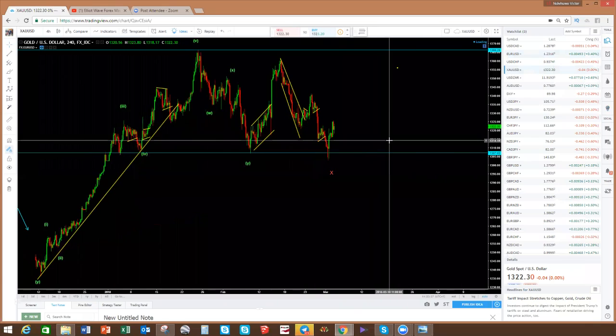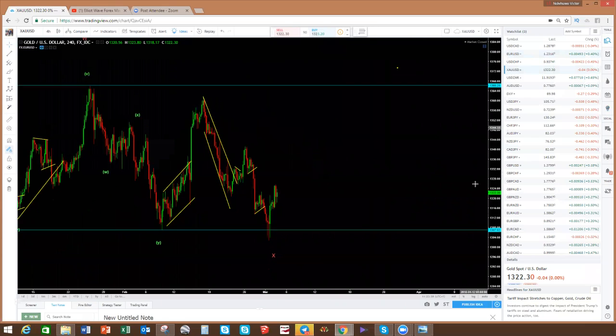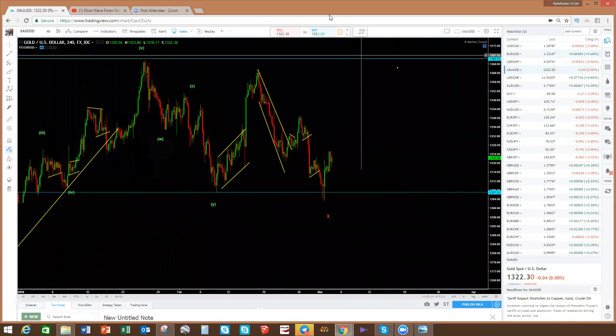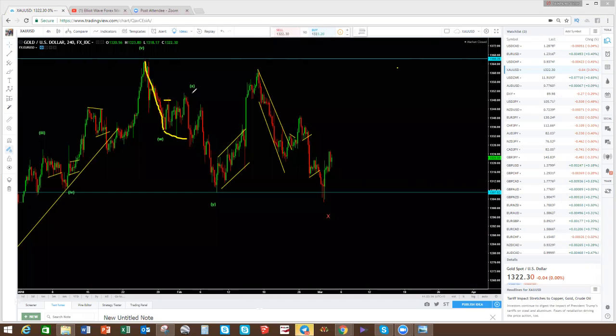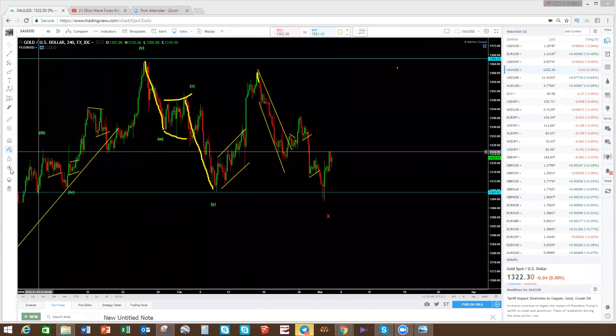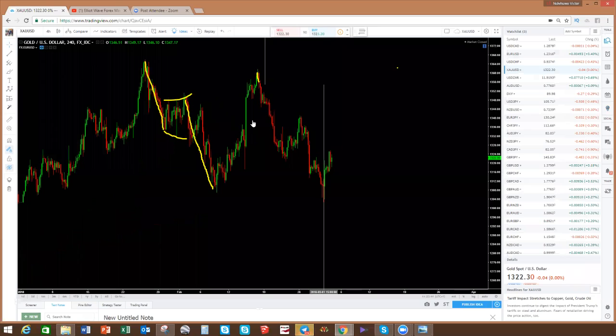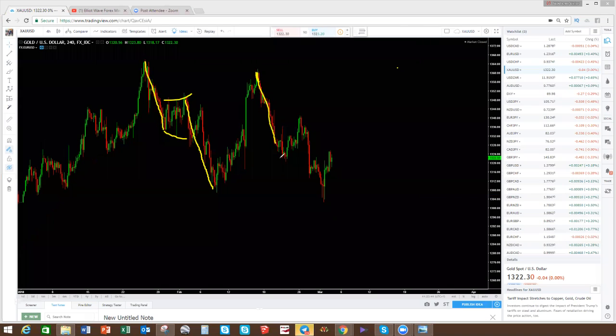So gold, look at how interesting the market is. And if you've got an eye for the market, look at this 1. You've got 2, 3 there. Look at this here. It's repeating exactly what it has done before. Fractals, look at this. This is what excites me about the market. You see the market has just repeated itself.